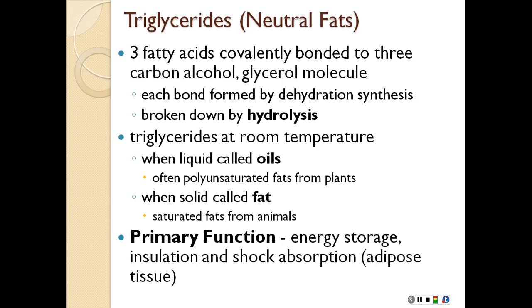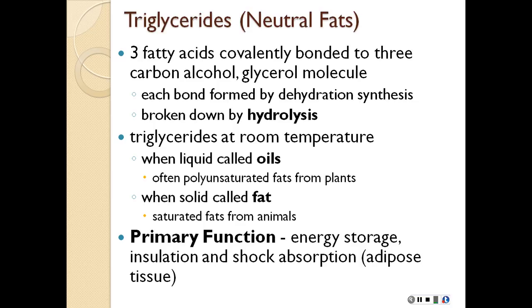Okay, so triglycerides at room temperature are called oils when they are liquid. Triglycerides at room temperature are called fats when they're solid. So those lipids that are solid at room temperature are called fats. If they're liquid at room temperature, they're called oils. Mostly when you think of fats, saturated fats come from animals.